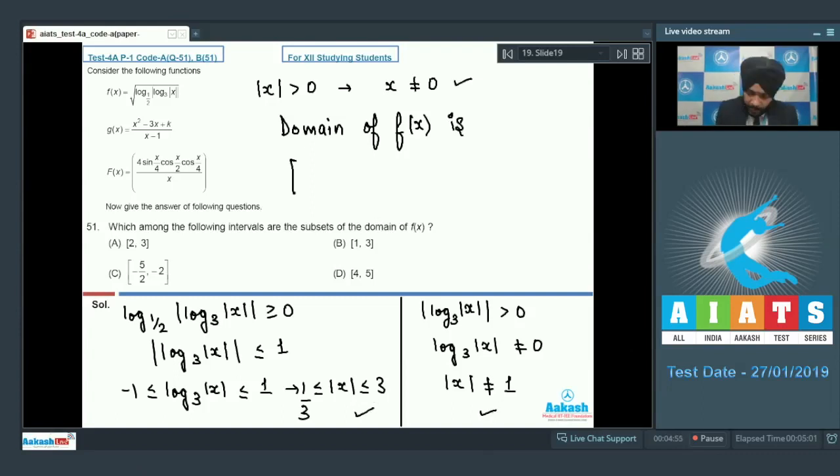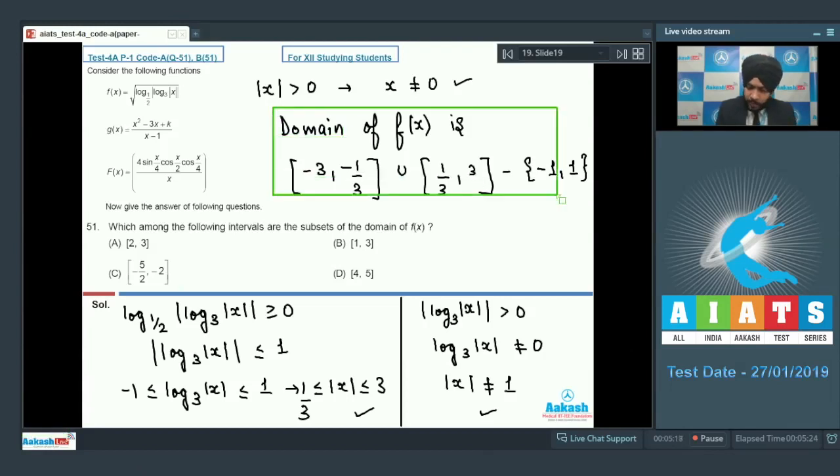So we have minus 3 to minus 1 by 3 union 1 by 3 to 3, minus only two elements pertaining to mod x not equal to 1, that is minus 1 and 1. Okay. So we have this as the final answer of the domain of small f(x).